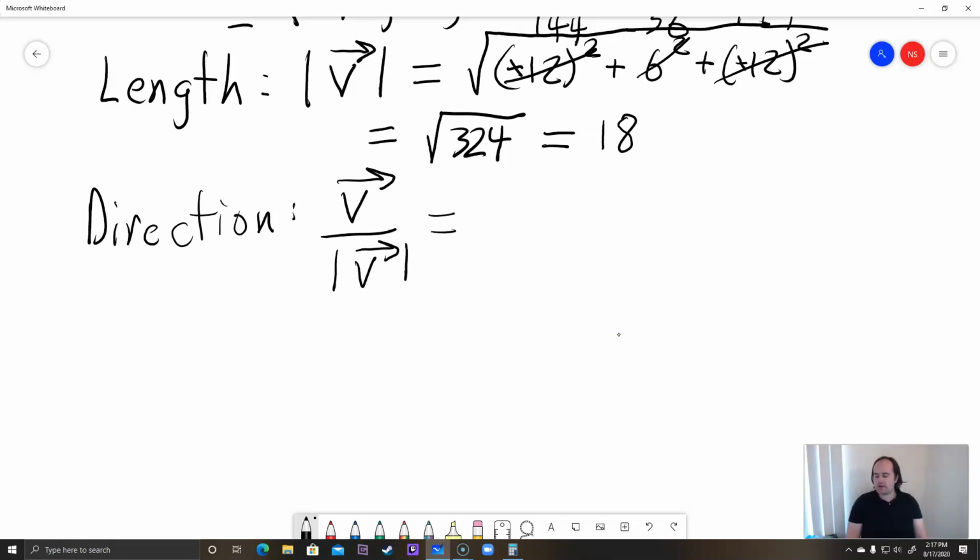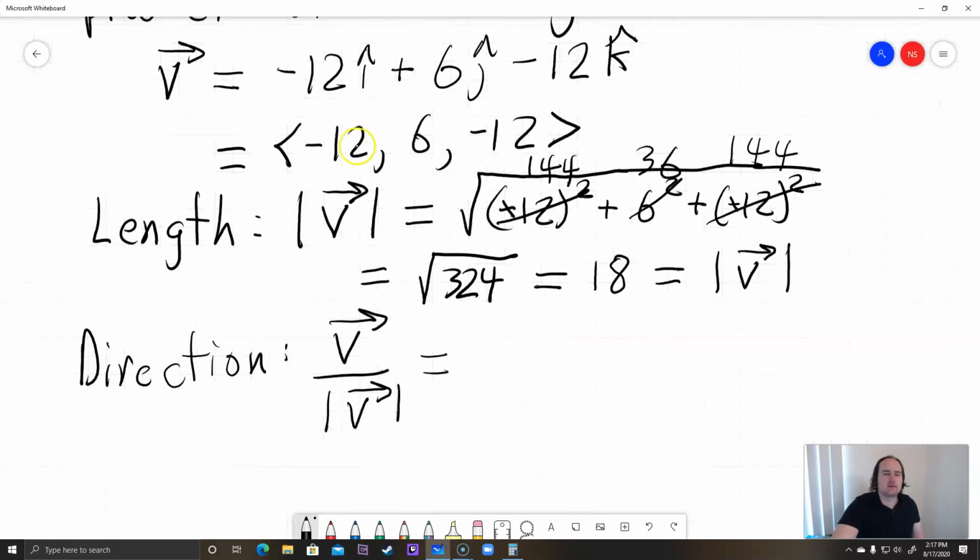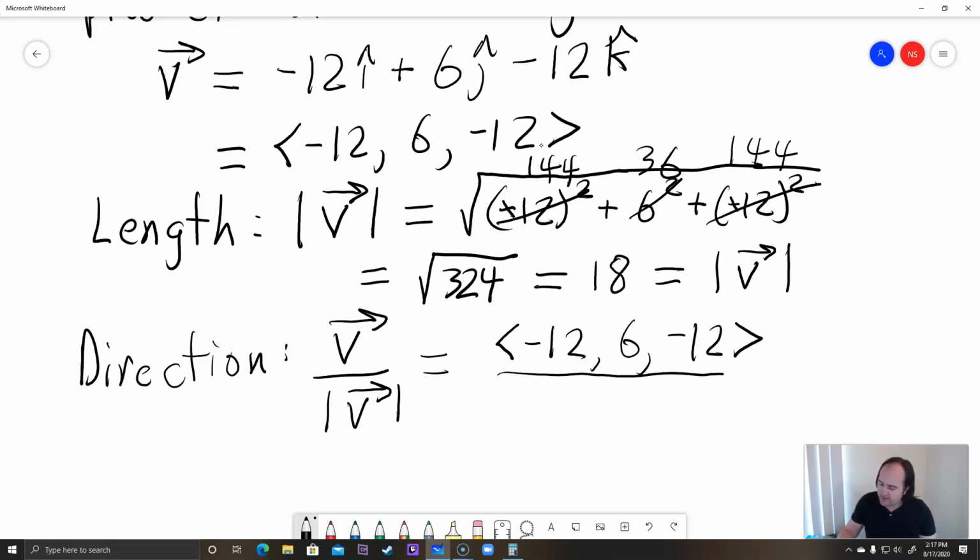And since we know that the length of v here is 18, we just figured that out on the previous part. We don't have to calculate that part again. So we just need to write down vector v, which we said was negative 12, comma 6, comma negative 12. And we need to divide by its length. Well, its length is 18.